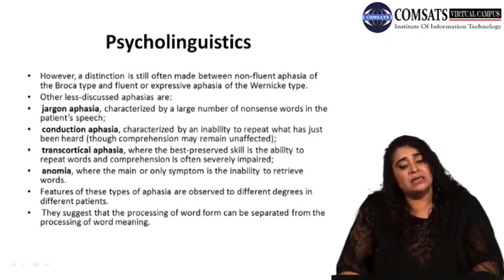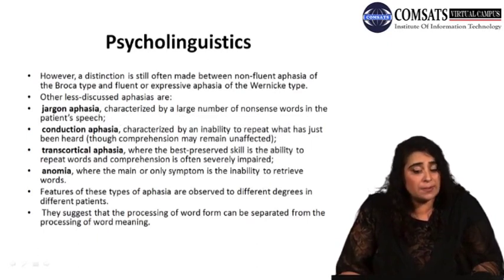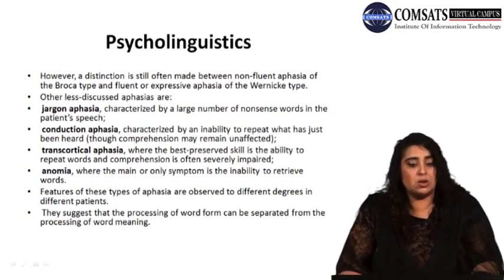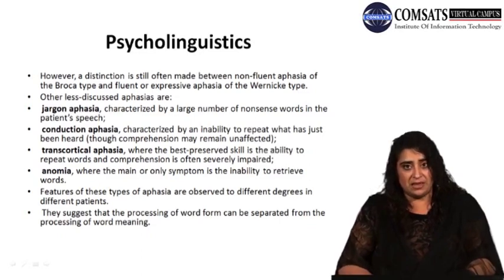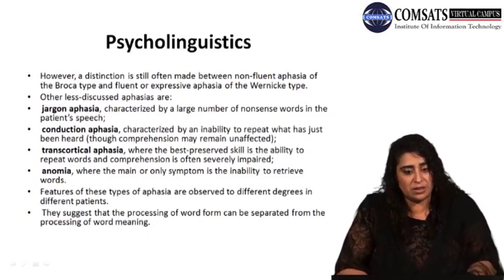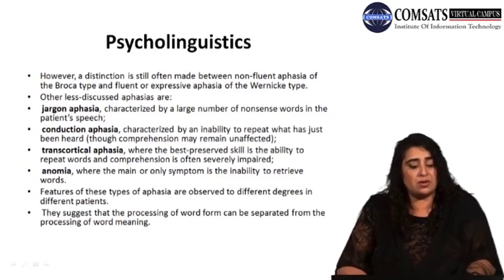However, a distinction is still often made between non-fluent aphasia of the Broca type and fluent or expressive aphasia of the Wernicke type. So patients may be the Broca type and non-fluent, or the Wernicke type and fluent and expressive.